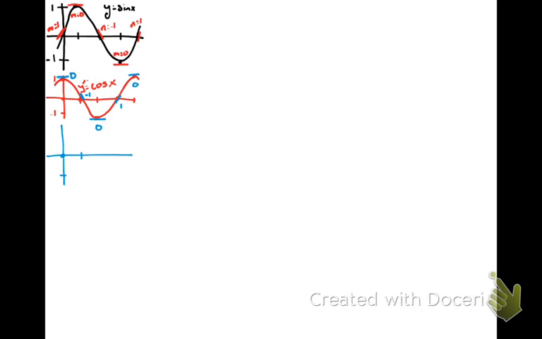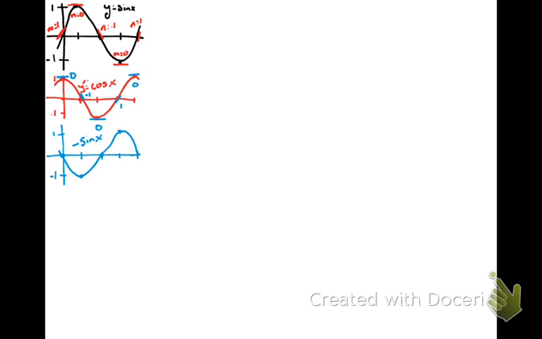At pi halves, we'll have -1. Back to 0 for pi, up to 1 for 3 pi halves, back to 0 for 2 pi, and sketching that graph, what we've shown is we have a graph that is the opposite of the sine of x. And we've shown at this point, again informally, that the derivative of cosine is negative sine x.